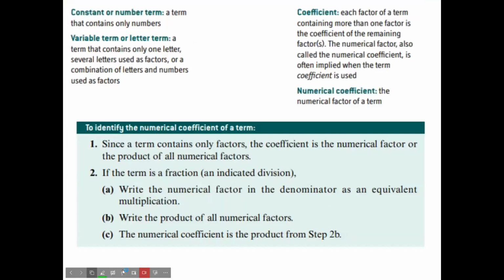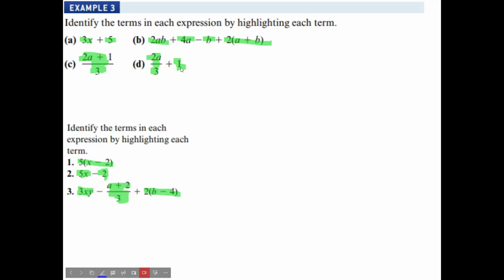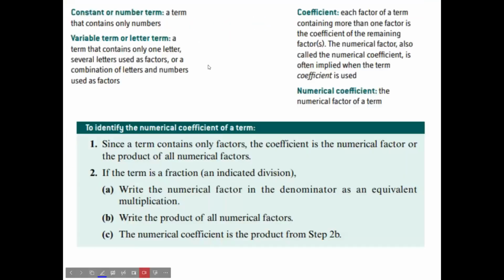Okay, more vocabulary. Constant or number term, a term that contains only a number. For example, here was 1, 5, 2. That's the constant term.